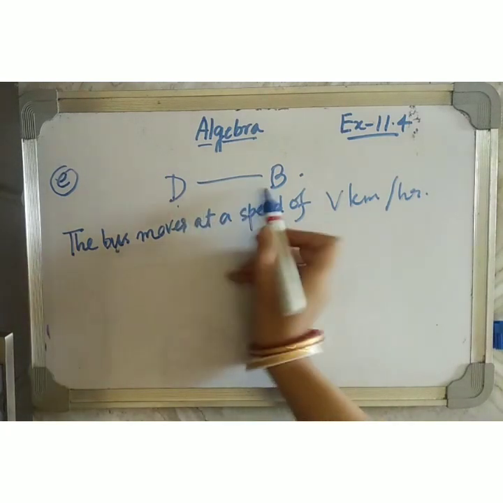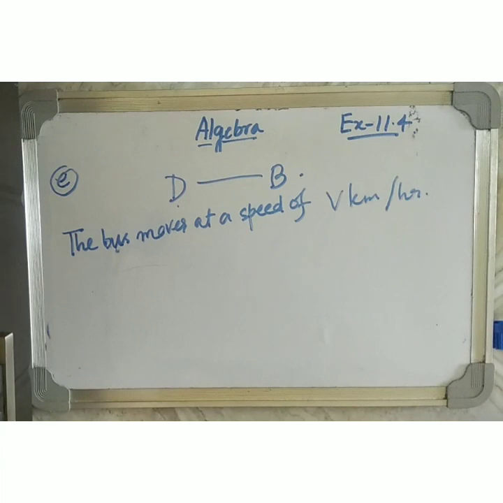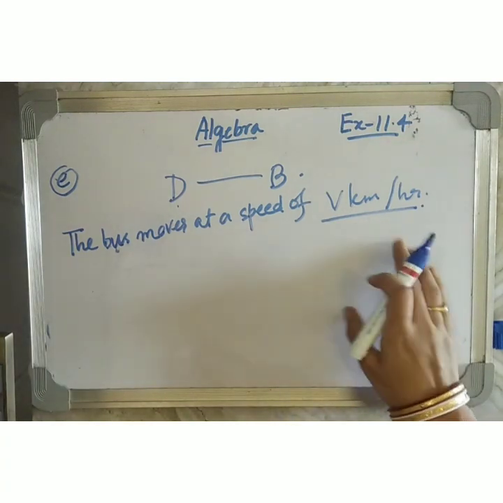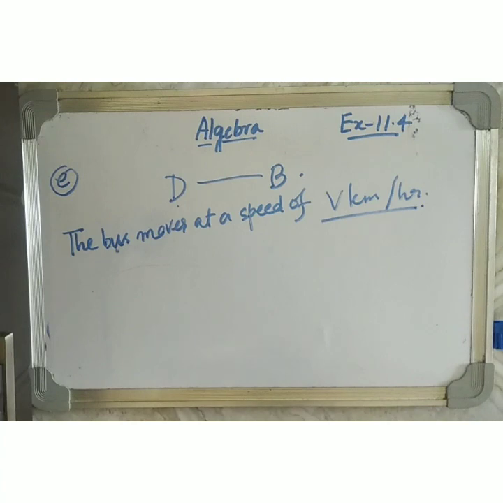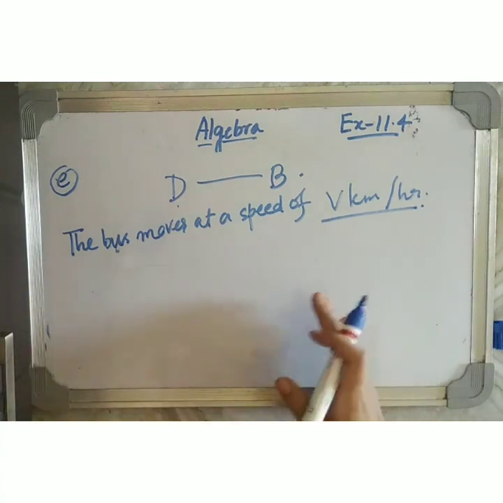It is going from Dashpur to Bispur, and the bus has travelled for 5 hours at this speed. So the bus has already moved 5 hours.